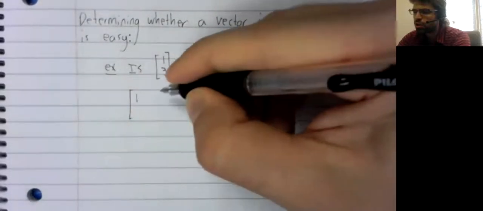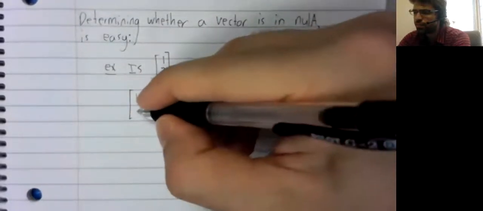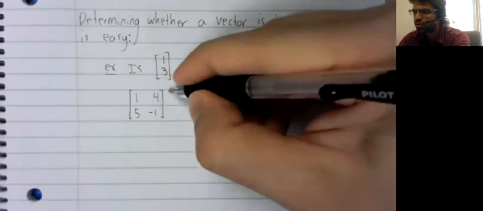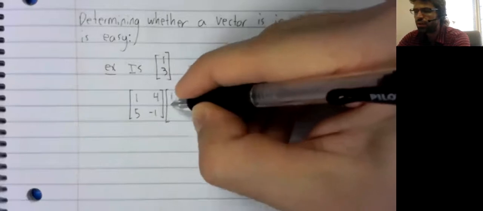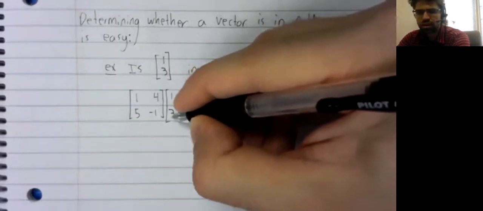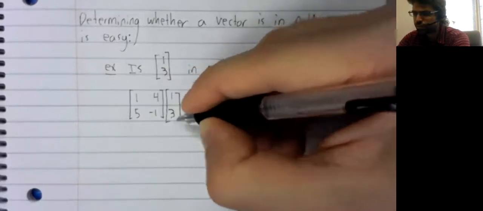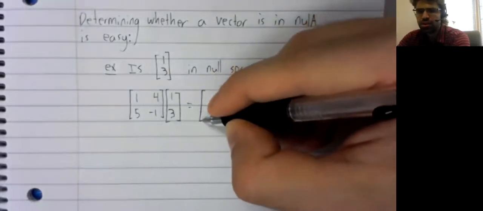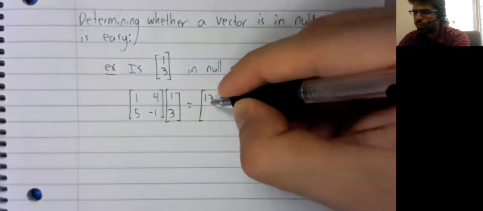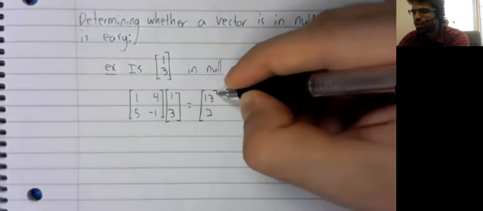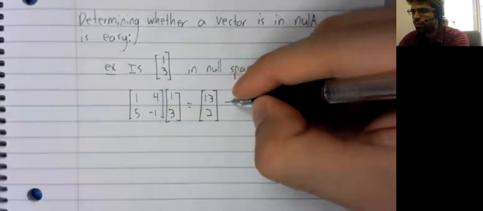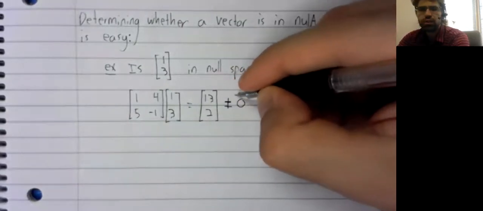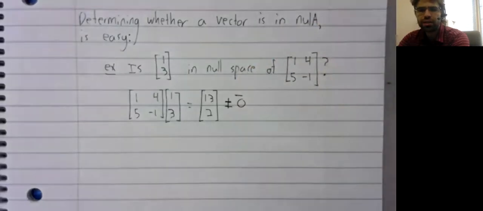Well, we multiply the matrix times the vector, and we see that the result, (13, 2), is not the 0 vector.